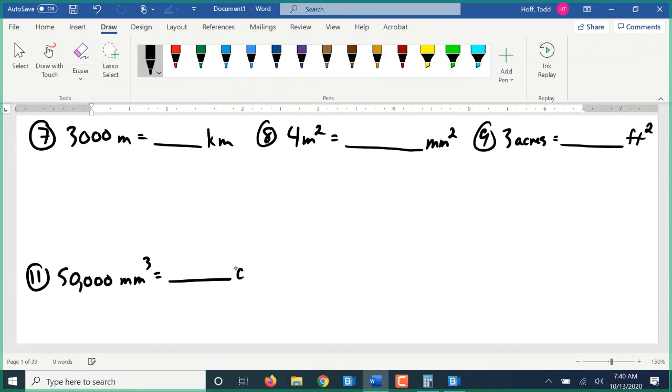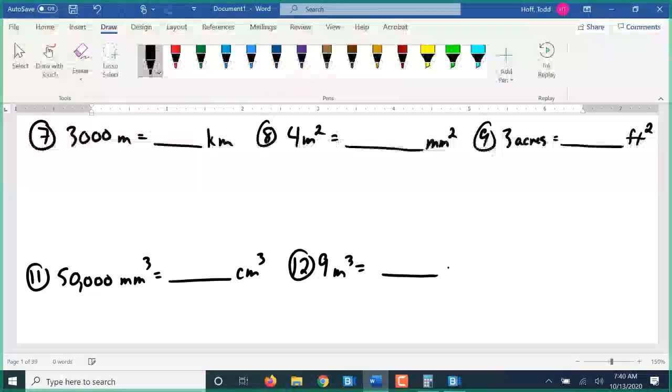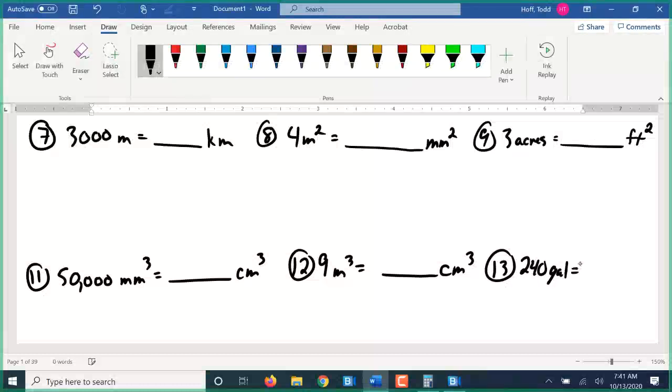Convert 50,000 cubic millimeters into cubic centimeters. Let's do 9 cubic meters into cubic centimeters. And we'll do 240 gallons in cubic feet. Do those. We'll come back to go over them in just a couple minutes.